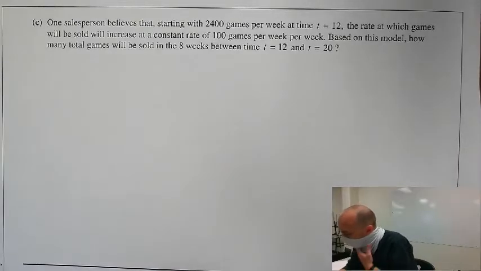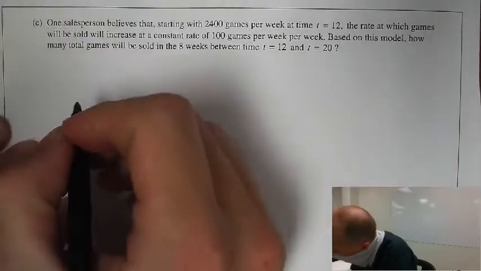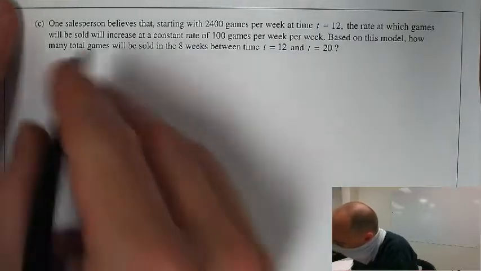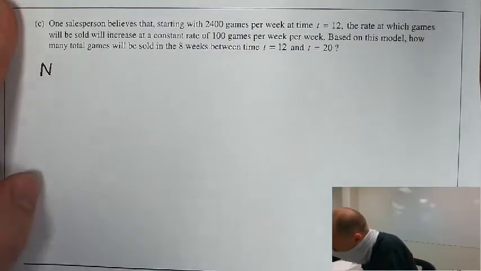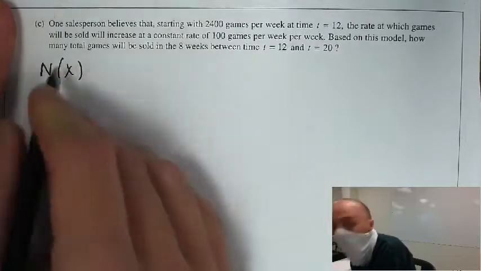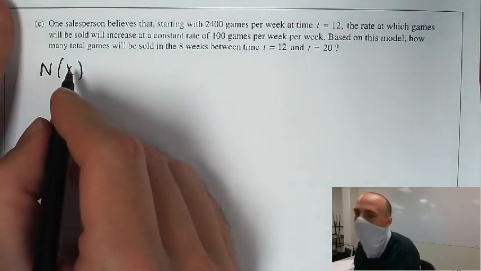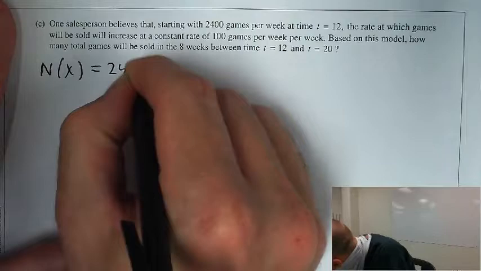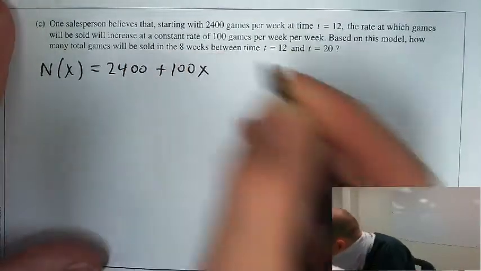What I'm going to say is the new rate at which games will be sold, I'm going to call it n, right? Because they call the next one m. Except I'm going to let this take in a new variable like x. And x is not going to be t. N of x equals 2,400 plus 100x.